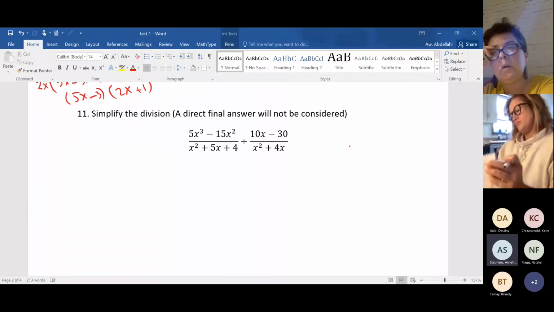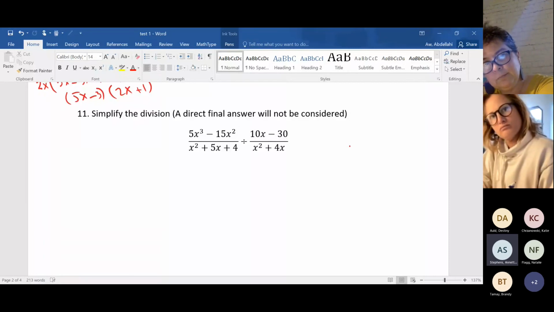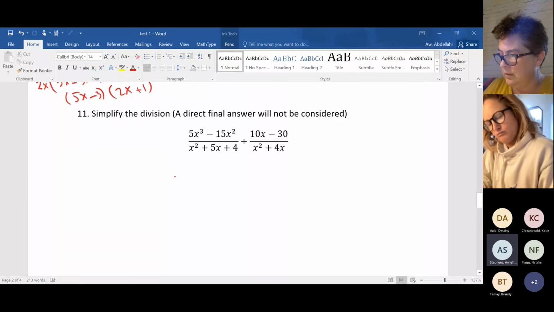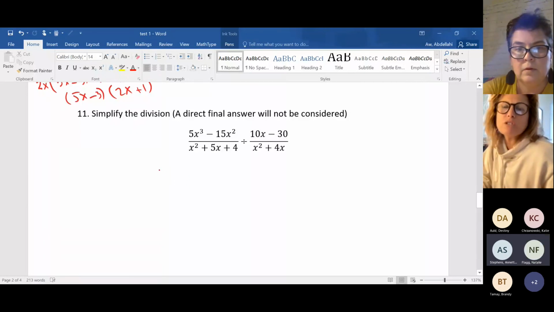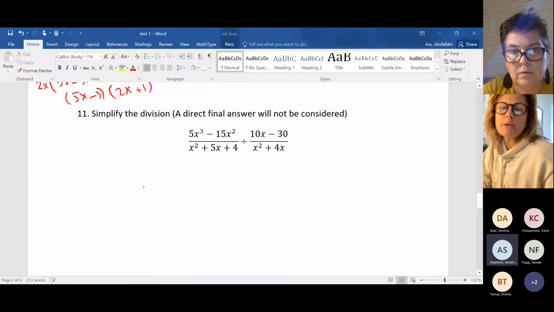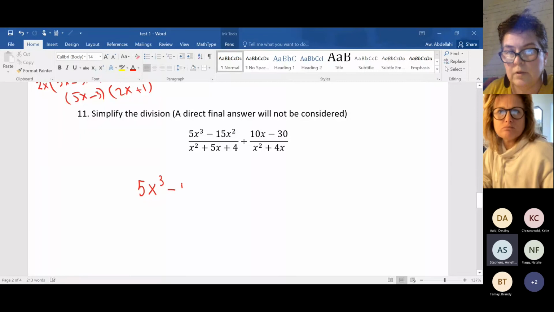All right. So this one is a division. Every time we have a division, first what we need to do? Before we simplify, before we even factor, I mean, we can factor at the same time, but it's very important to write it as a multiplication, right?